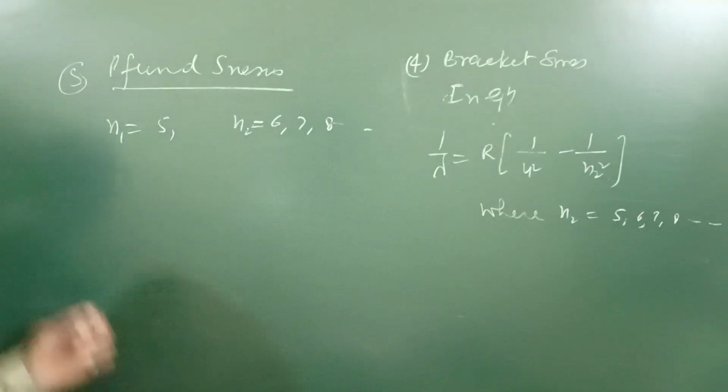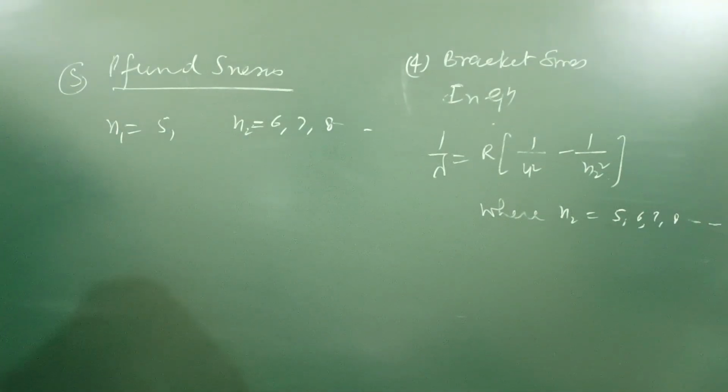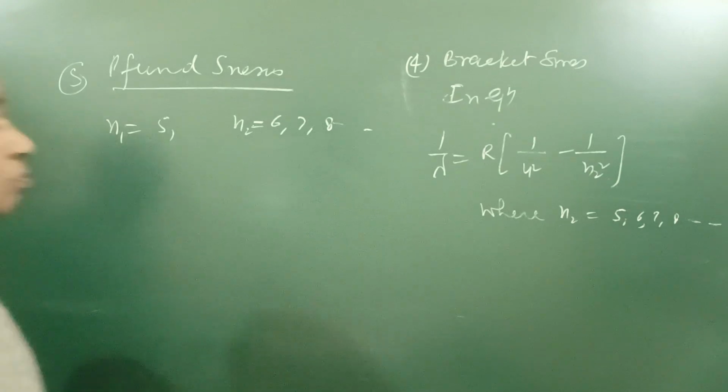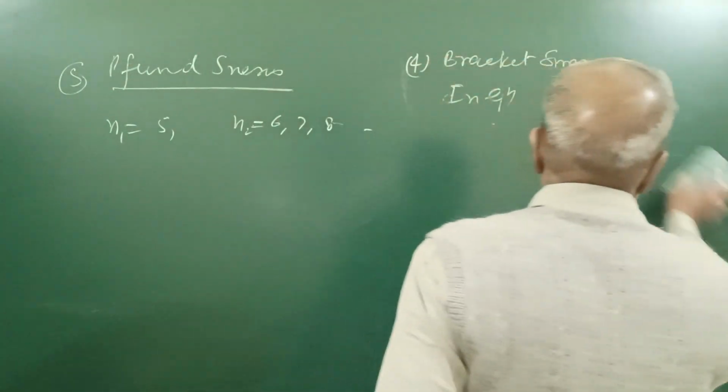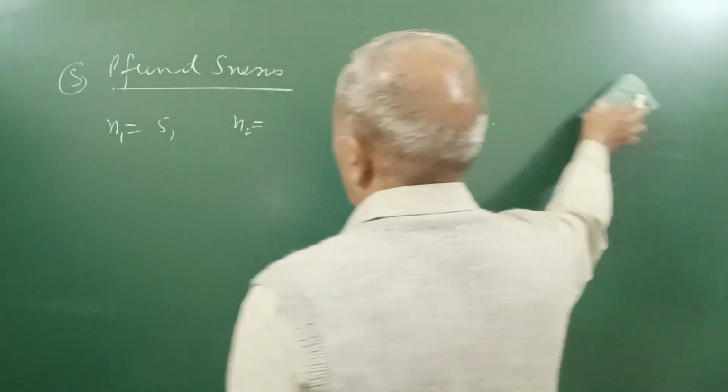Using his three postulates, he derived the wavelength of radiation, frequency, velocity of electron in orbit, and radius of orbit.